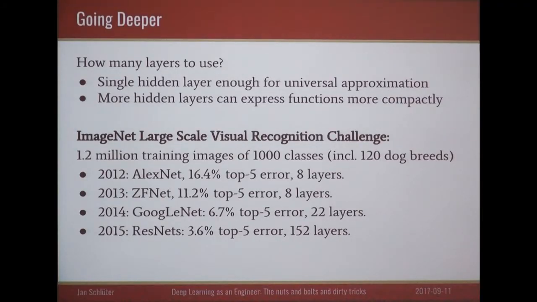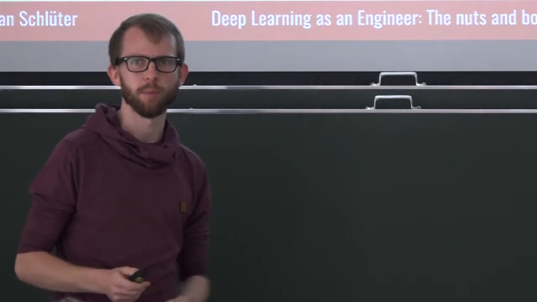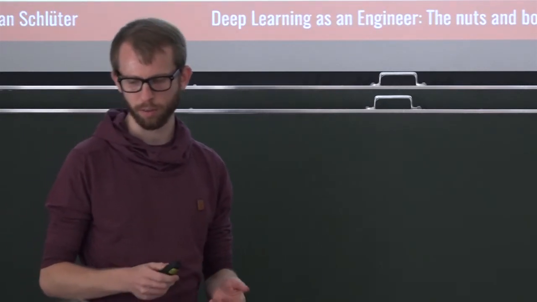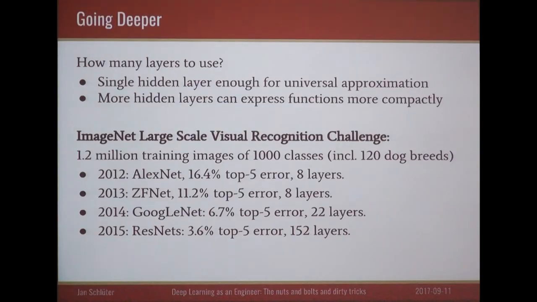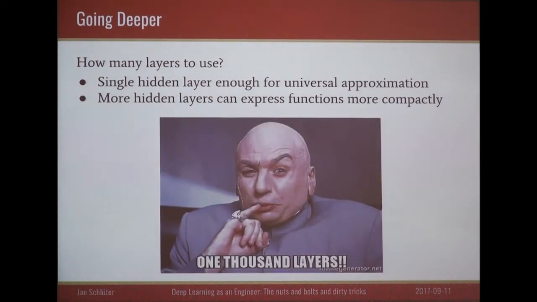And if we look at the results for the ImageNet classification, which is an object detection task, we see that in 2012 the best solution had 8 layers. 2013 it also had 8 layers, but it changed something in the layers, how large the convolution kernels are and things like that. In 2014 the best solution had 22 layers. In 2015 it had 152 layers.